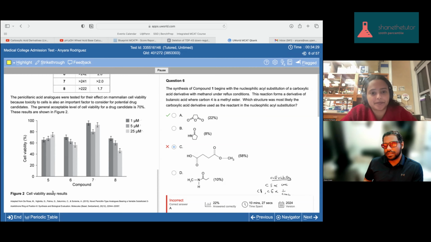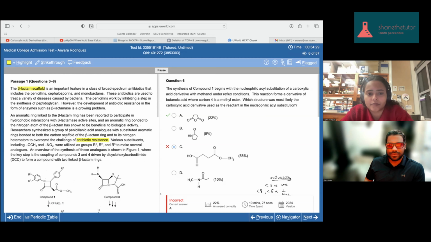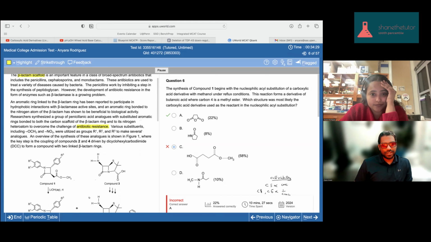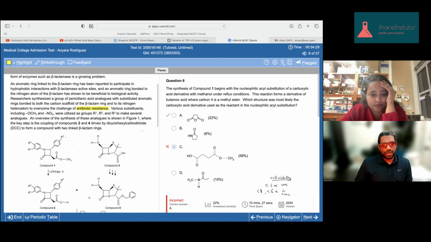Okay, let's look at this question. It says the synthesis of compound 1 begins with the nucleophilic acyl substitution of a carboxylic acid derivative with methanol under reflux conditions. This reaction forms a derivative of butanoic acid, where carbon 4 is a methyl ester.